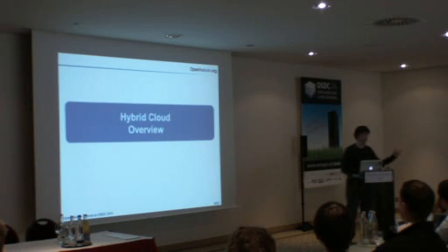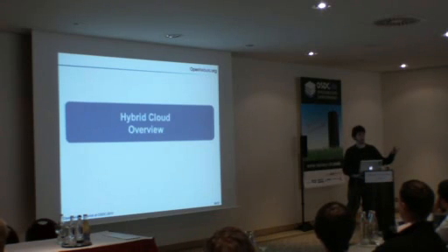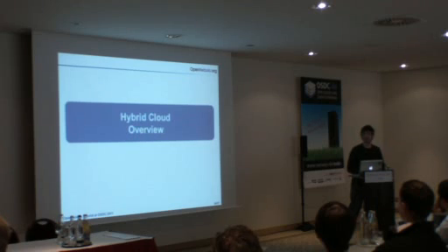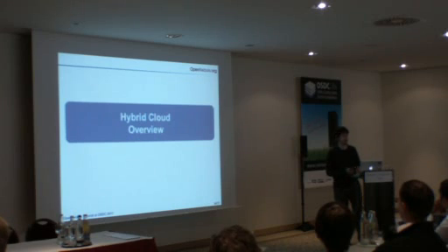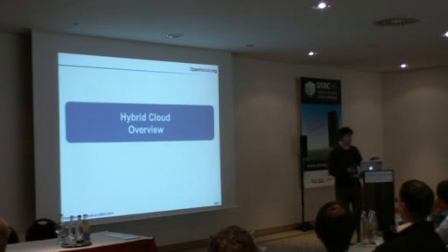Does everyone know what Sun Grid Engine is? No? Okay, it's basically a scheduler for batch jobs. It's used in HPC, high performance computing, to manage a farm of nodes and give them grid jobs, more or less cluster jobs.